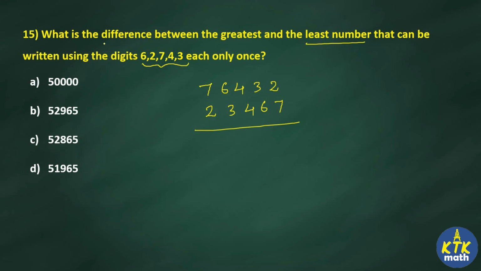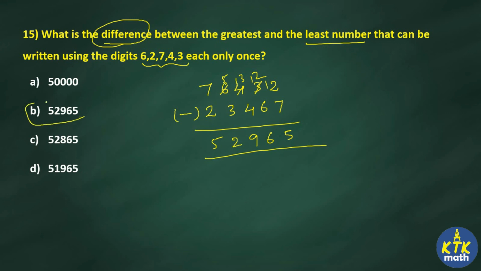Now what I need to find is the difference, so I'm going to subtract these two numbers. When you subtract, that's going to be the answer. So it's going to be 5, then 6, then 9, then 2 and 5. So 52965. Question number 15, option B, 52965.